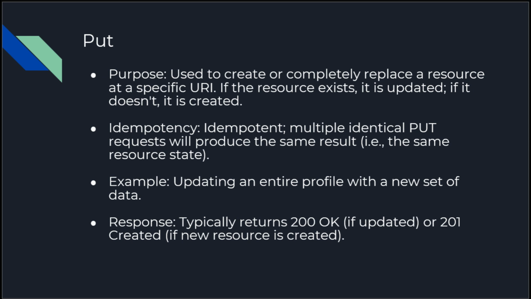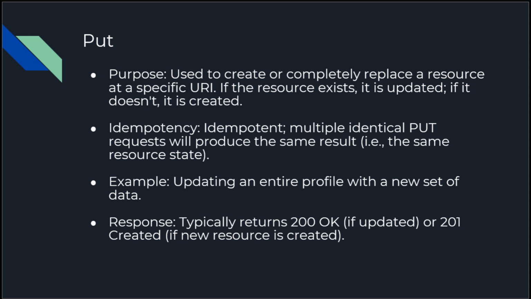So we have two responses: either 200 OK or 201. It depends on whether the resource exists and is updated, or a new resource is created, in which case it would be 201.